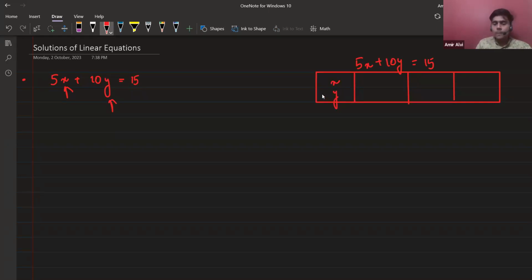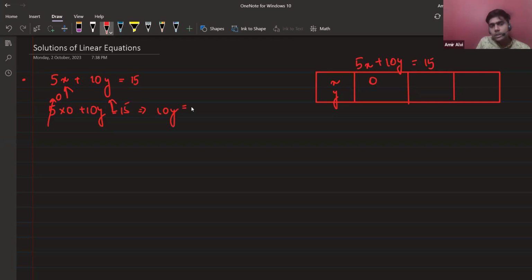Yes or no, Simrat? I've told you to put the value of x as 0. I'm putting x as 0. Now, Simrat, 5 into 0 plus 10y equals 15. This is 0, yes or no? 5 into 0 is 0.